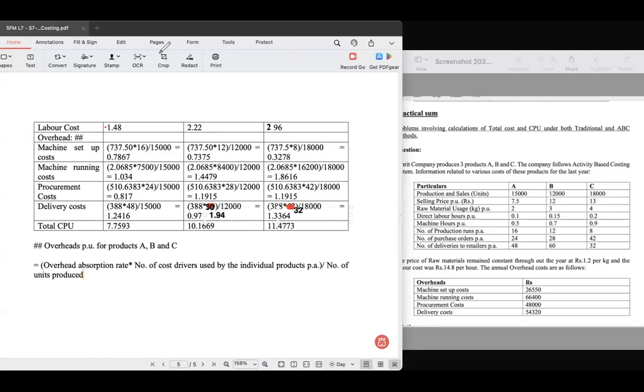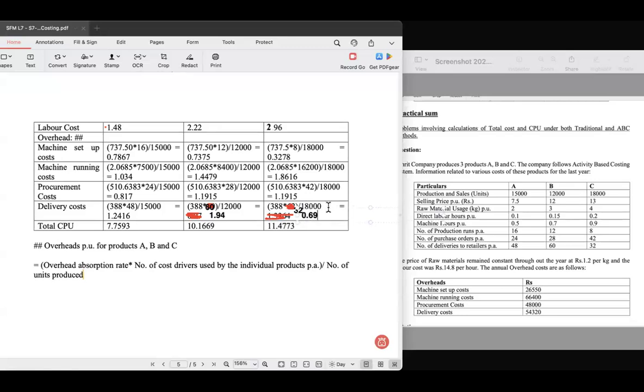So it's not 0.97. And I think the other answer is also different. 388 into 32, 0.6. Yes, that is also different. Yes, that is correct, Kaushik. So this answer is also wrong. The answer is 0.69. So we rounded it off.